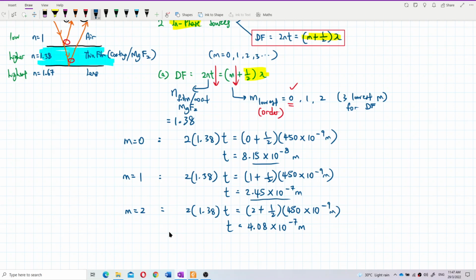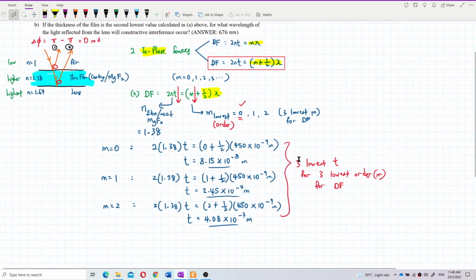So that's the answer. These are the three lowest thickness for three lowest order M for dark fringe.